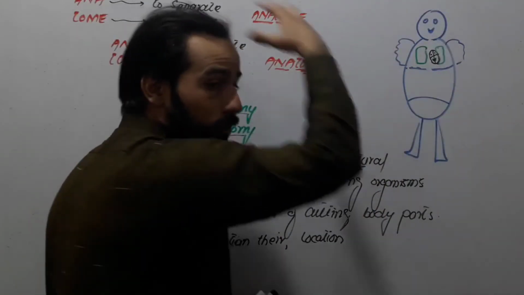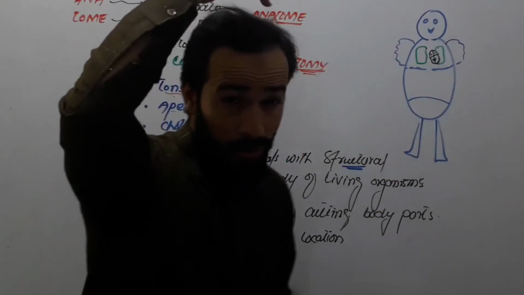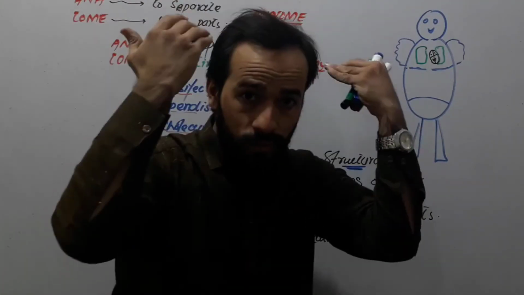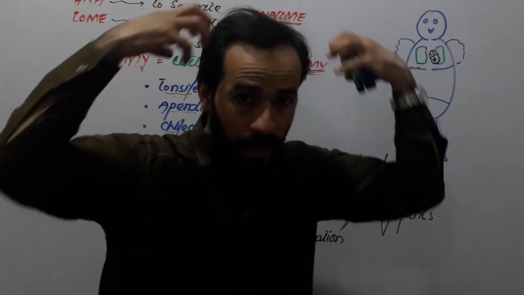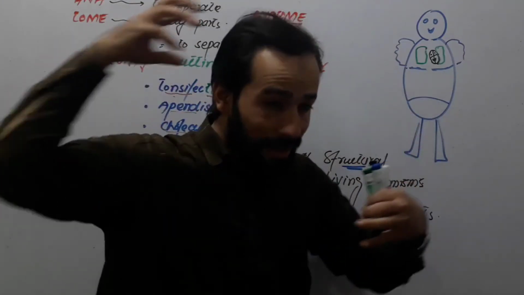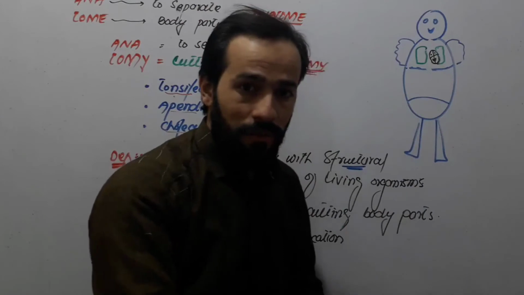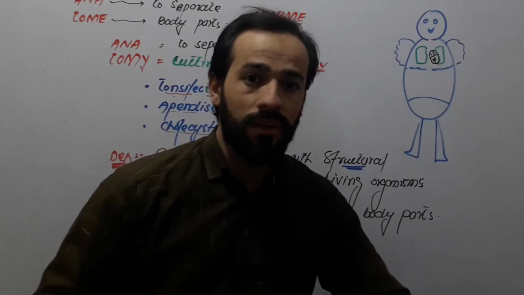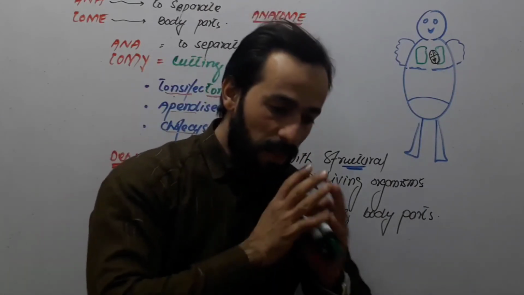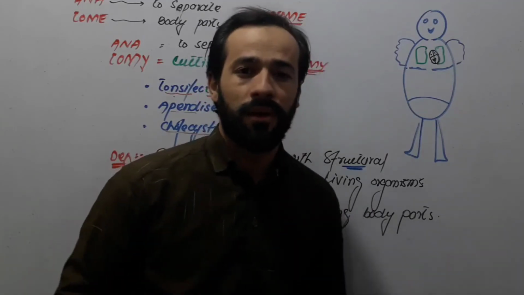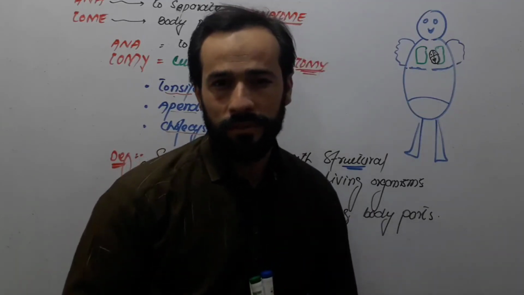If you want to know about the brain, how will you know about it from outside? No, you have to open, you have to dissect, you have to cut and open body parts, enter inside, pull the brain out and put it on the table, and study it. And if you want to study the brain, you have to again dissect the brain and open it and see all those parts, right?